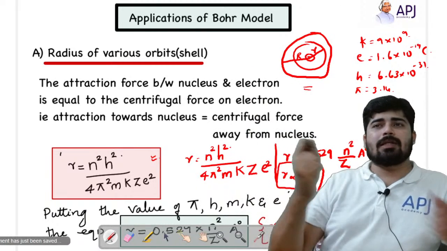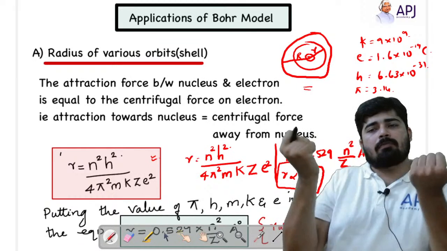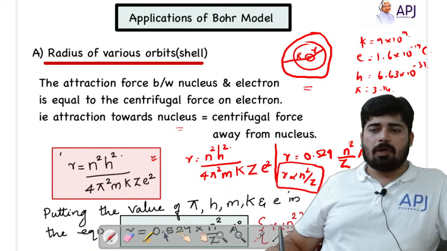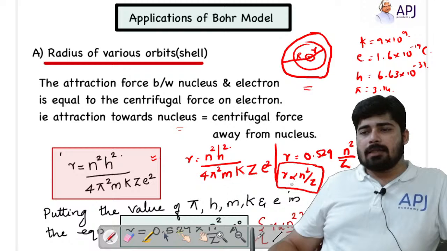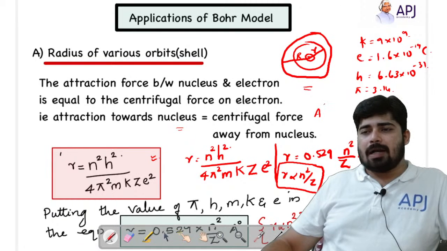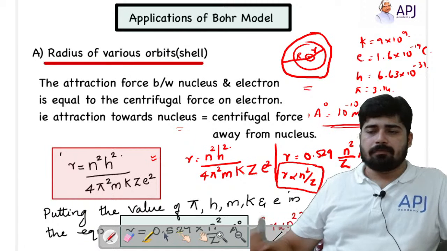These two forces are equal and opposite, and we equate both to find the value of R. That's how we got R equal to 0.529 n square by Z Armstrong. Armstrong is a unit: 1 Armstrong is equal to 10 raised to minus 10 meter or 10 raised to minus 8 centimeter. This you also have to remember.